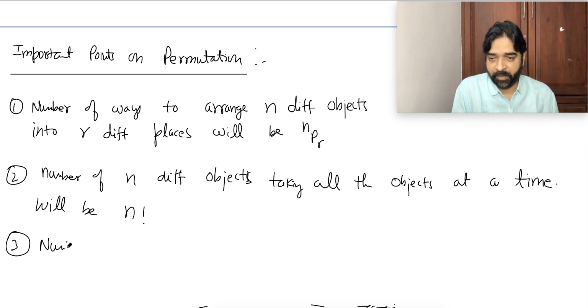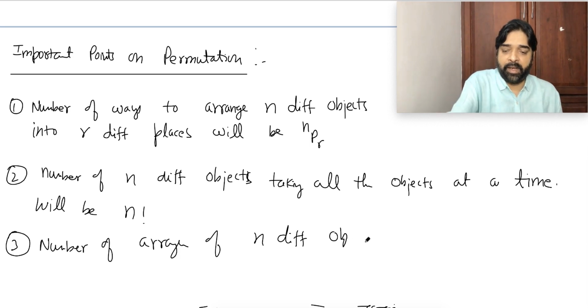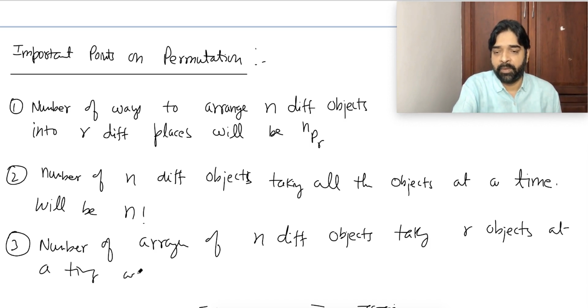Next one, number of arrangements of n different objects, taking r objects at a time, when repetition is allowed.